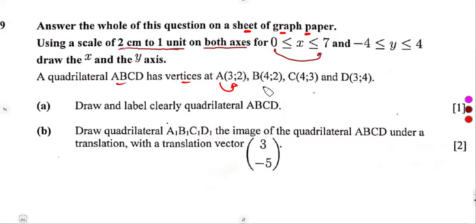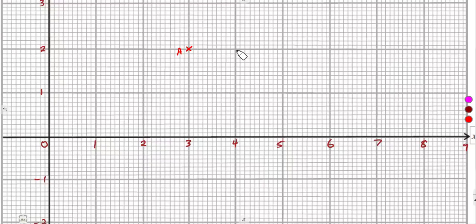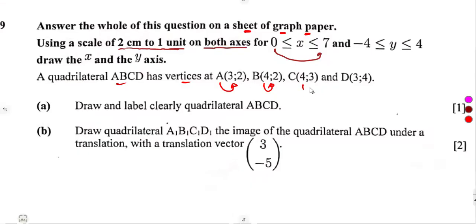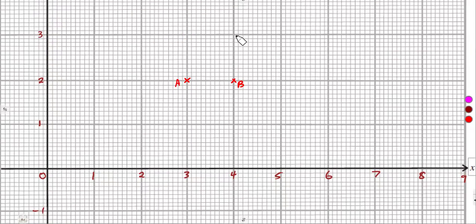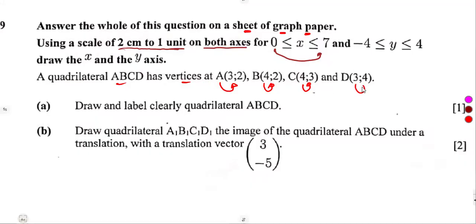Then B, that was 4, 2. Okay, do the same thing. 4 versus 2. We mark the point. That was our point B. Then the point C, which is 4, 3. So we have got 4 versus 3, which is going up. We mark the point, which is C. The last one, which is D, is 3 versus 4.